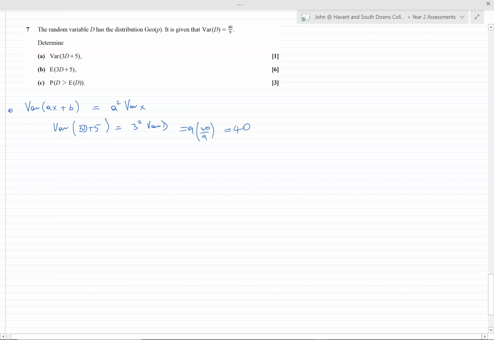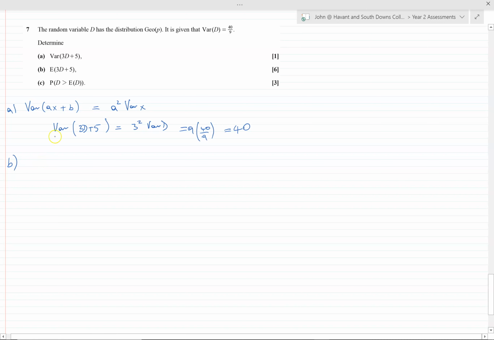Okay. Now part B, 6 marks for it, but it's not really. We need to work out the expectation of D in order to work out the expectation of 3D plus 5. So there's a few things to go through. Now there is a formula, it's given in the formula book.